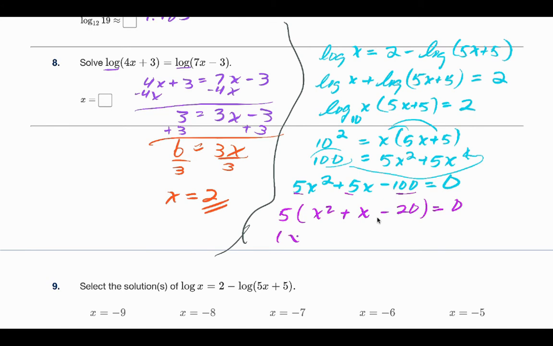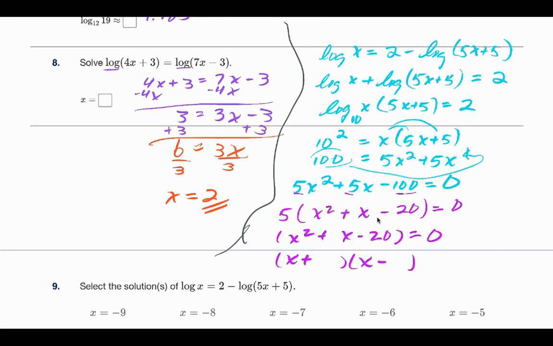So I know then that my final part here is going to be x squared plus x minus 20 is equal to 0. And remember, since I have a coefficient of 1, I know I can write an x and I can write an x. Remember, I've told you before, look at this one here. If it's negative, which it is, we know automatically that one is positive and one is negative.